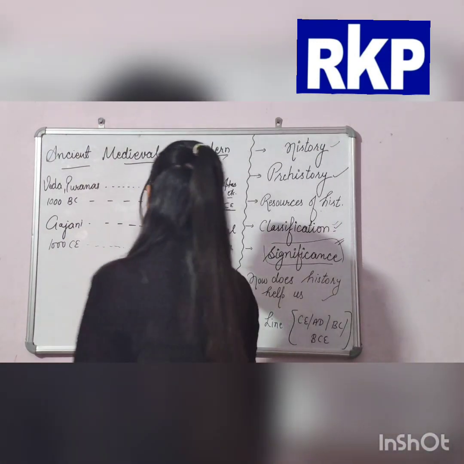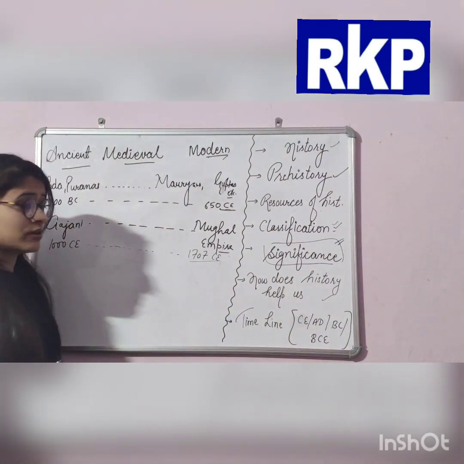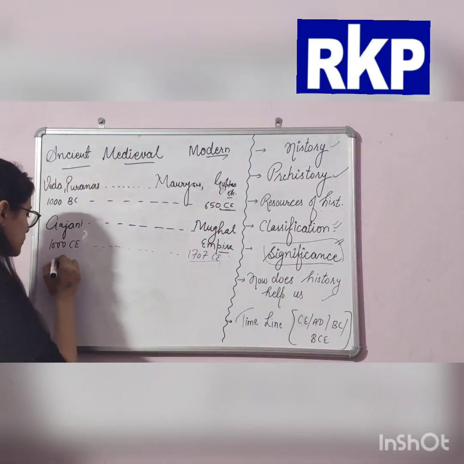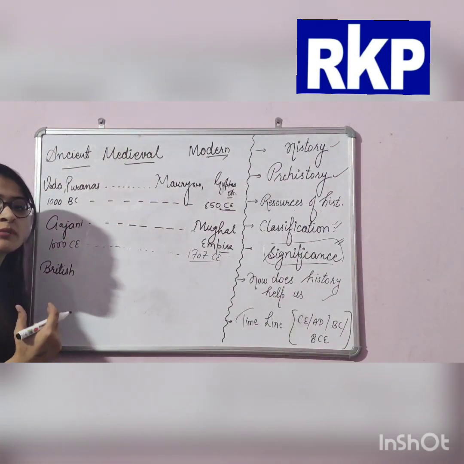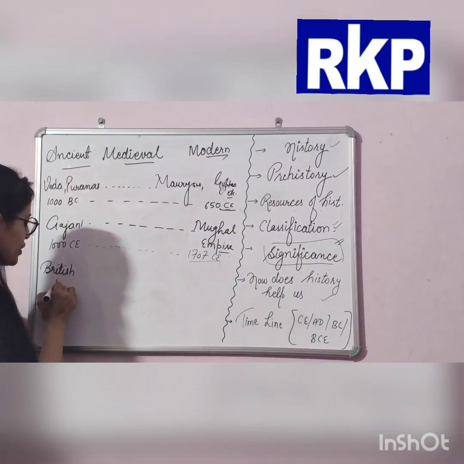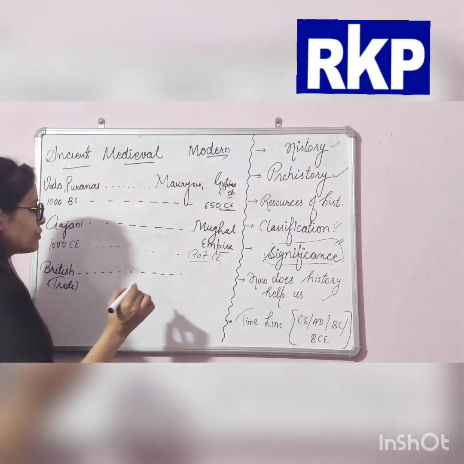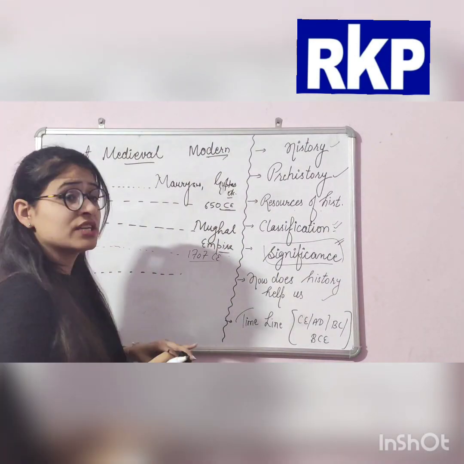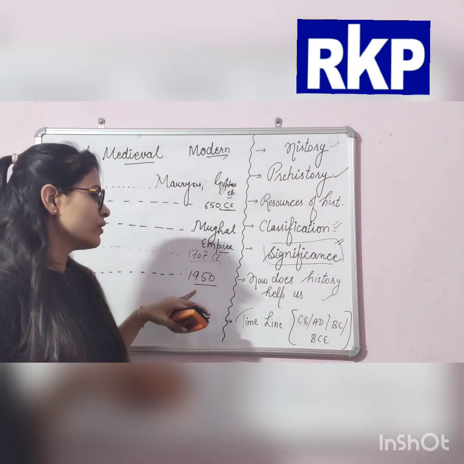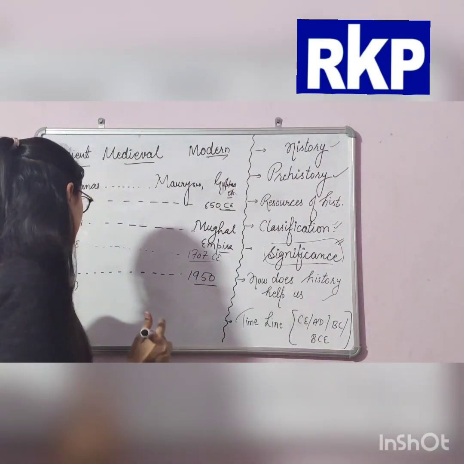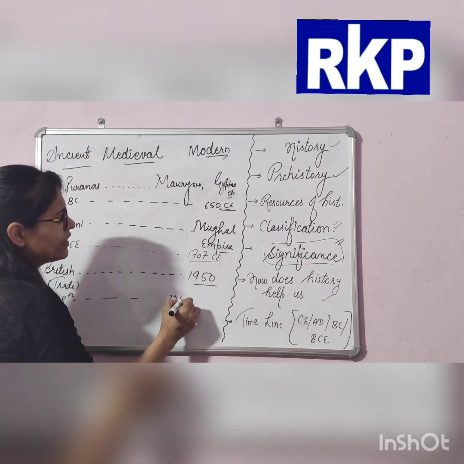So it will start from the arrival of the British, when they became powerful, and it will go till 1950.